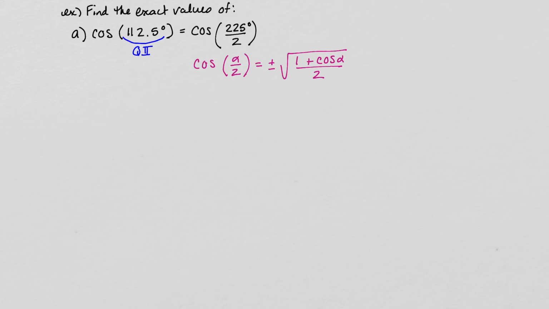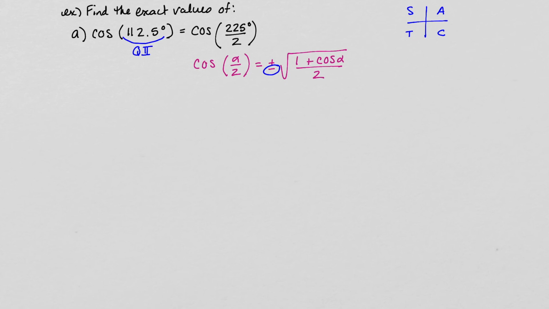Yeah, in quadrant 2, the cosine values are negative. Remember our little thing, all students take calculus, so only the sine or the cosecant are positive. So the cosine is going to be negative, which means I'm going to use the negative.